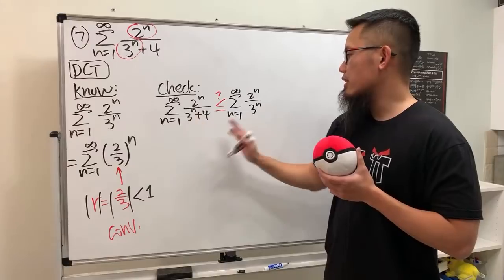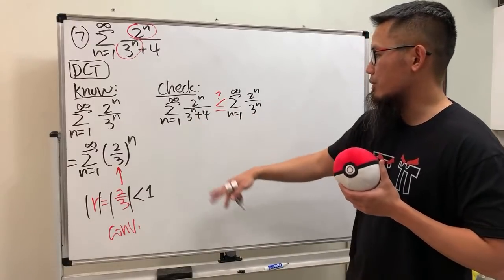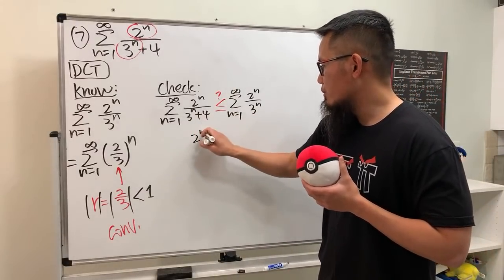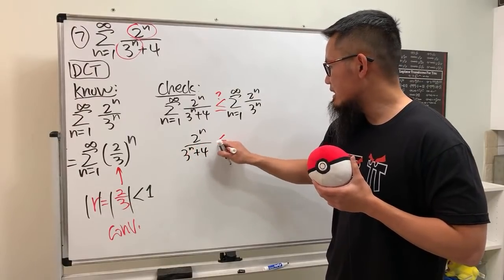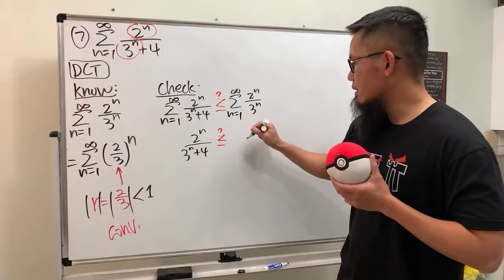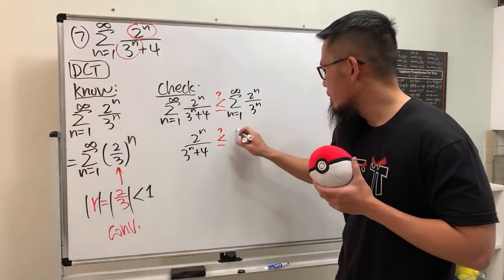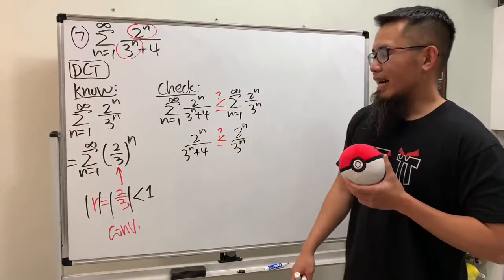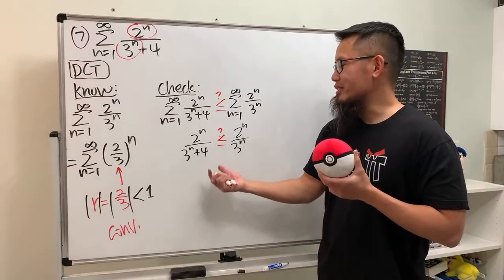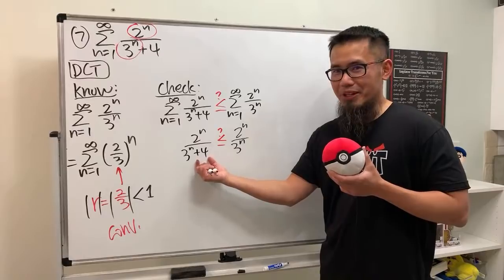And notice that these terms and that term are positive, so you just go ahead and do the usual thing. 2 to the n over 3 to the n plus 4, is this less than or equal to 2 to the n over 3 to the n? I know this is true because the bottom right here is bigger, right?